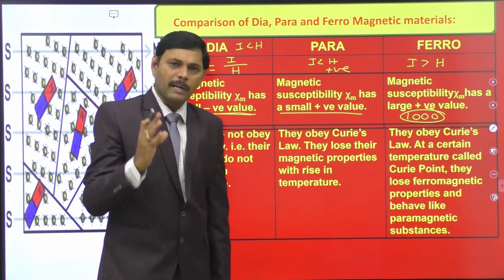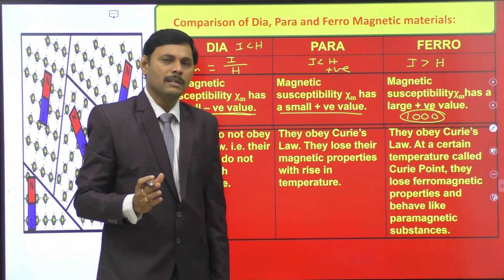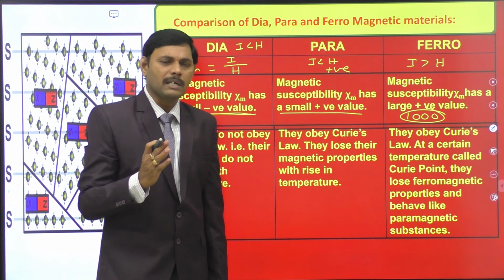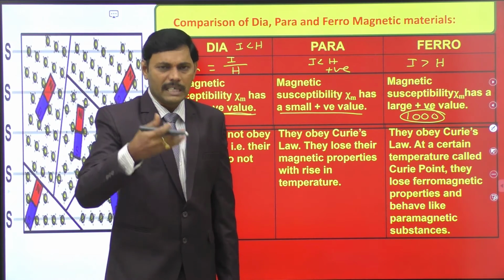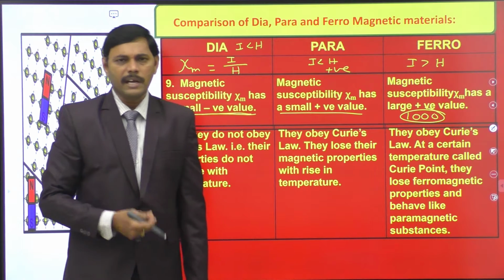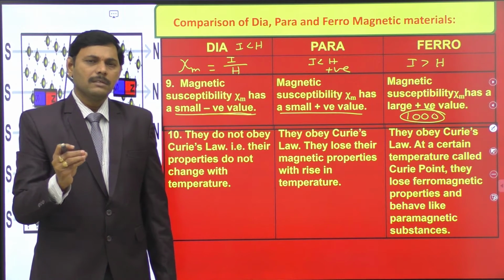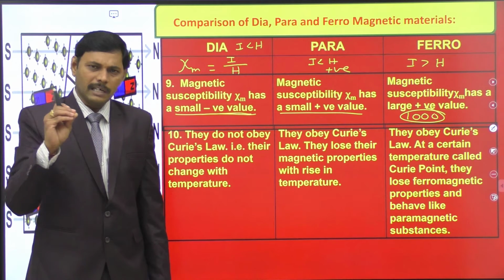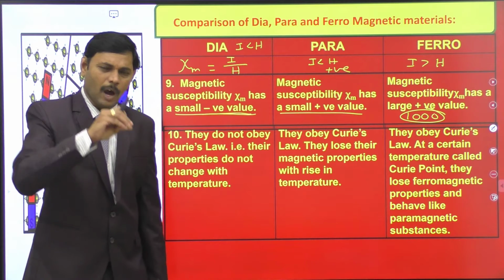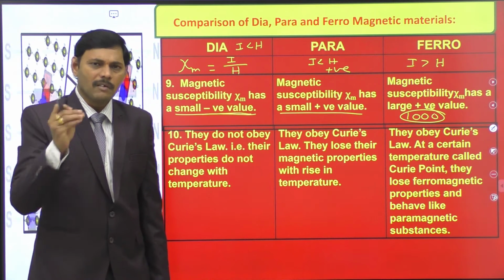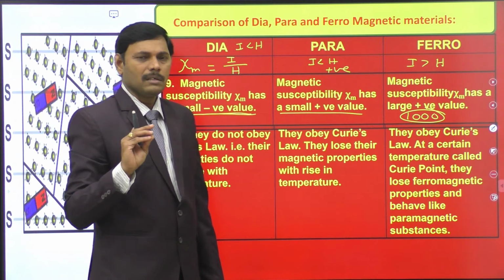The relation between susceptibility of a substance and temperature is explained in Curie's law. We will discuss it in the next slide in a moment. Curie's law is an equation that relates susceptibility of a substance with temperature. How magnetic susceptibility varies with temperature is given in Curie's law.